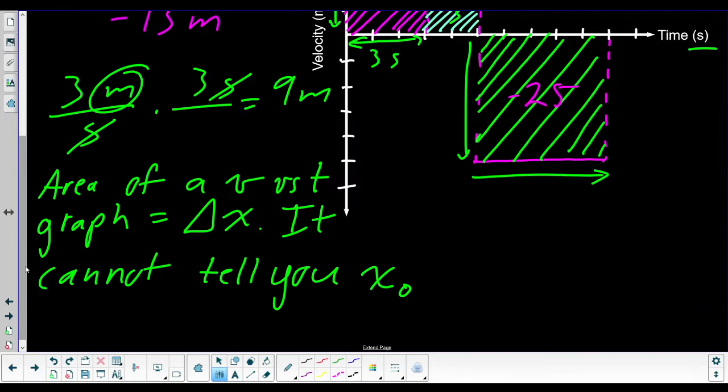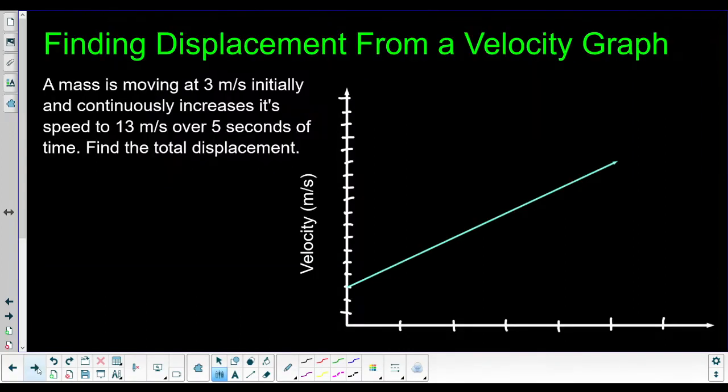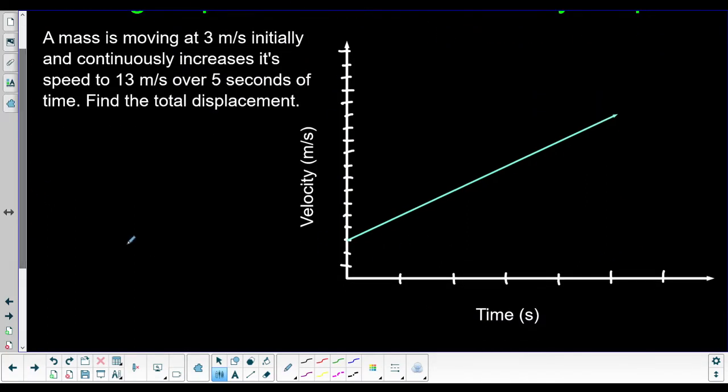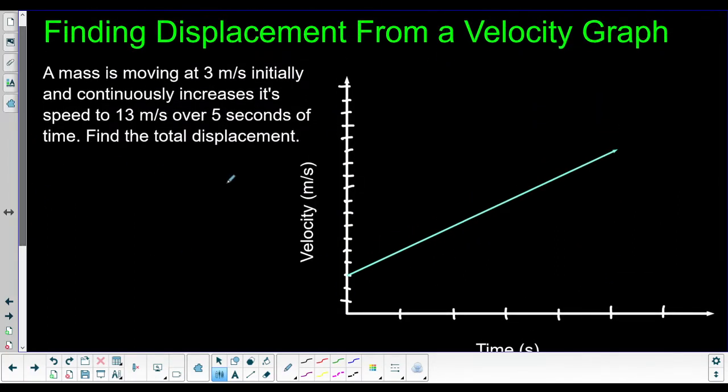Cool. Let's do a hard problem. So this is the same setup, velocity, time. I had the foresight to make this graph ahead of time. So it says a mass is moving at 3 meters per second initially and continuously, that means nice smooth graph, increases its speed to 13 meters per second over 5 seconds of time.